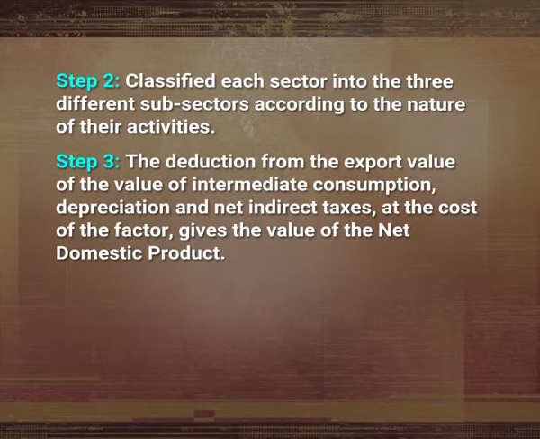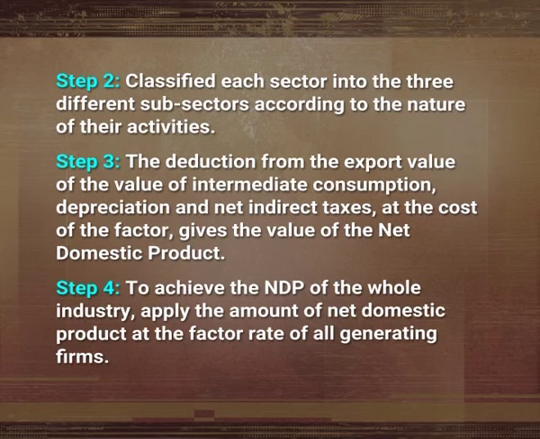Step 3. The deduction from the output value of the value of intermediate consumption, depreciation and net indirect taxes at the cost of the factor gives the value of the net domestic product. Step 4. To achieve the NDP of the whole industry, apply the amount of net domestic product at the factor rate of all generating firms.